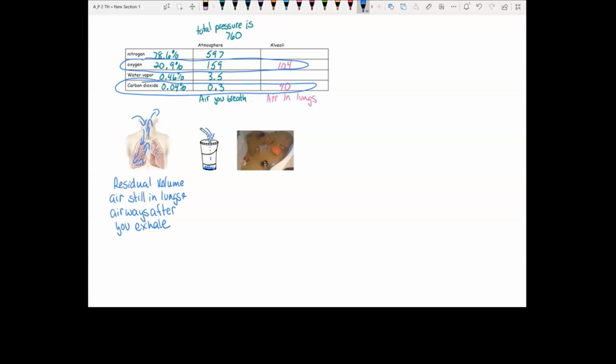That's how your lungs are. For one thing, you always have some air in your lungs. You can never completely empty your lungs. For another thing, when you exhale, there's going to be some air that makes it to this point, and then you stop exhaling and you start inhaling again. Well, the air right there at that point then gets sucked back in.